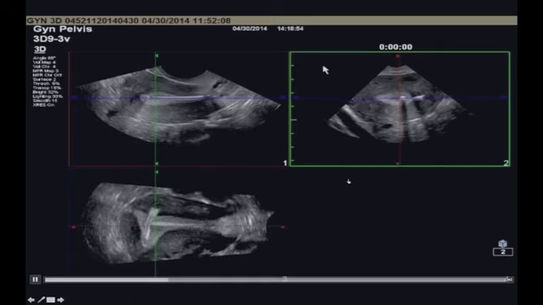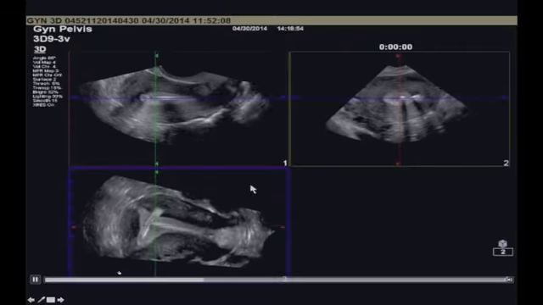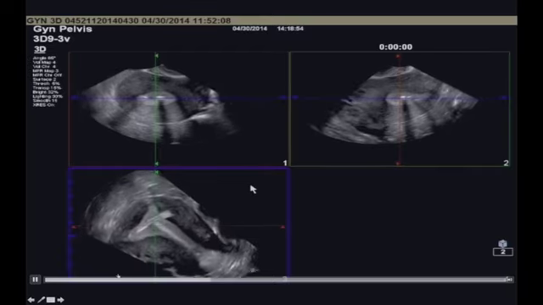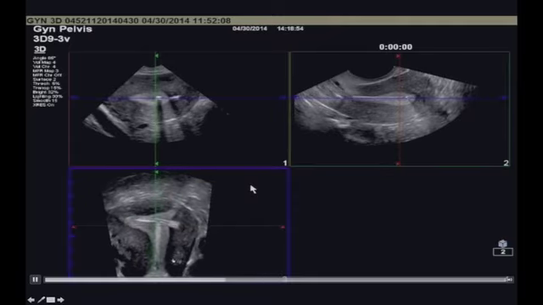And then we'll come over to the coronal plane where we can first rotate it so that the fundus is on the top and we can view it in a plane that we're more used to seeing.